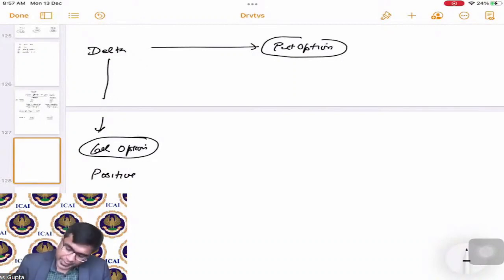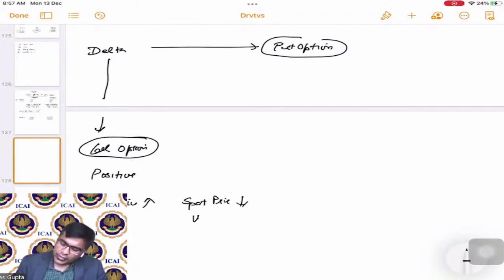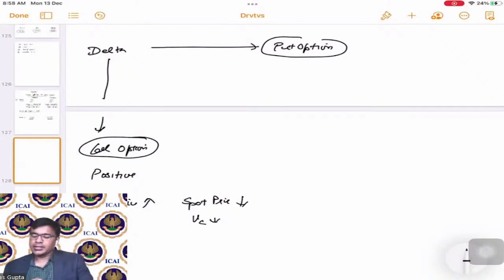Because if the spot price increases, the value of the call option will also increase. If the spot price decreases, the value of the call option will also decrease.